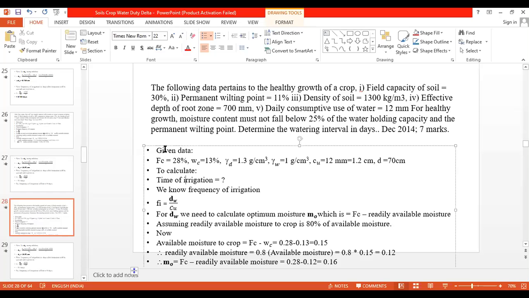Okay, now the given data from the example: the following data pertains to the healthy growth of a crop. Field capacity of the soil is 30%.